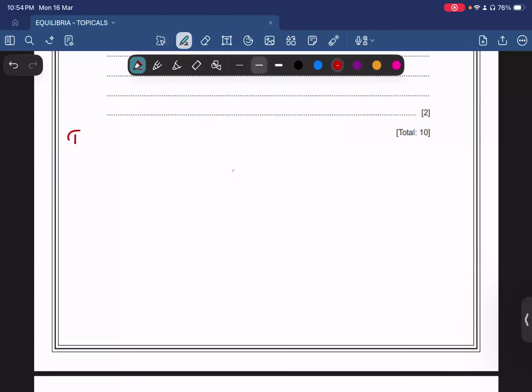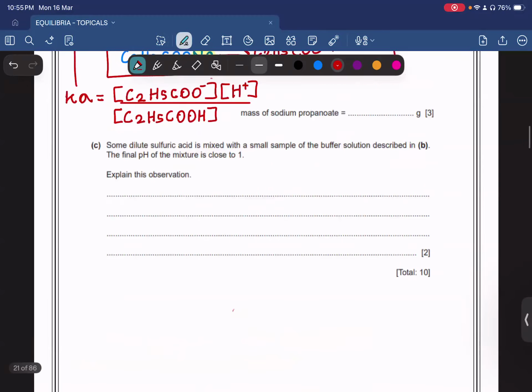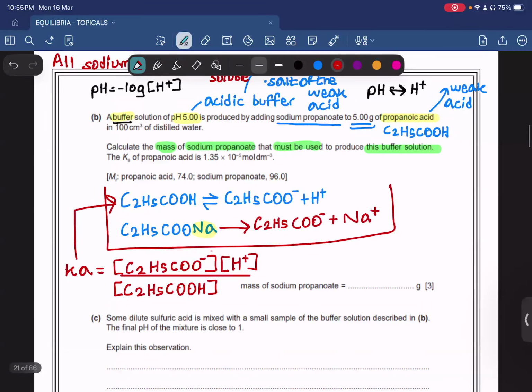So what should our first step be? Our first step should be, or in fact, our last step should be, get the moles for sodium propanoate. Now let's work our way backwards. We need the moles for sodium propanoate to solve this question. How do we get the moles? How about taking the concentration and the volume and then finding out the moles?